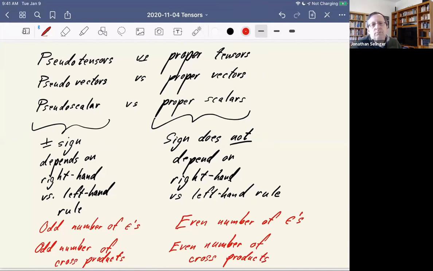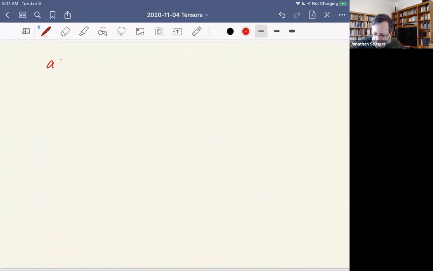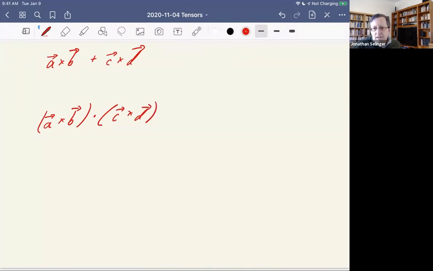Say you have two cross products that are added together, like A cross B plus C cross D, versus something like A cross B dot C cross D, or the vector triple product, A cross B cross C. Are they still both proper vectors?